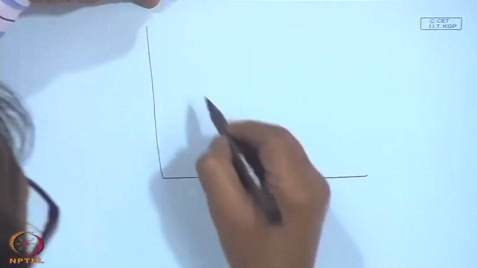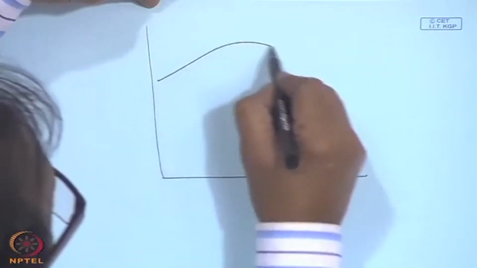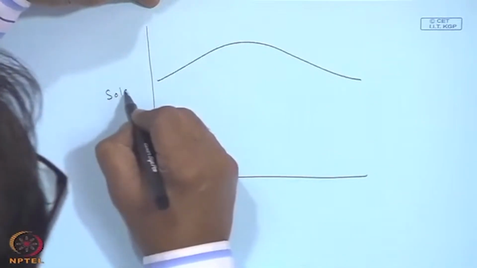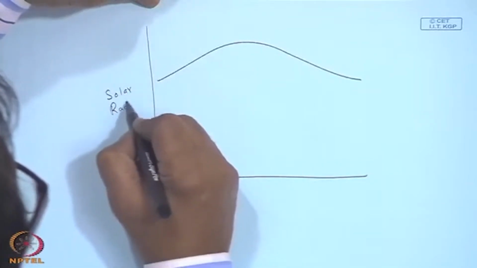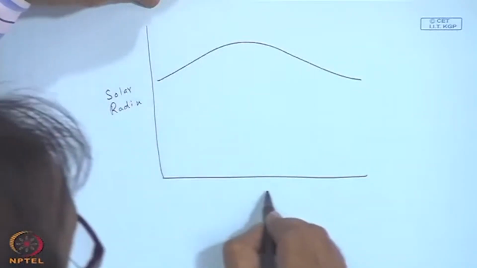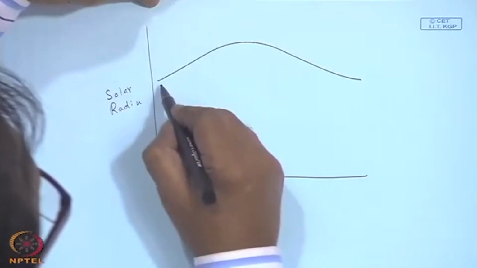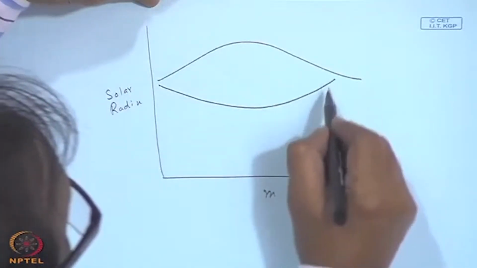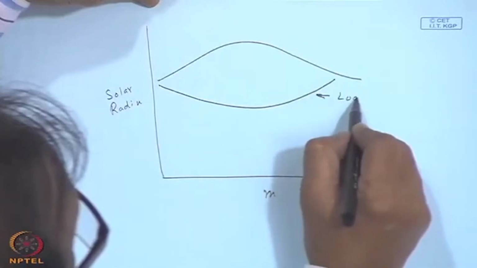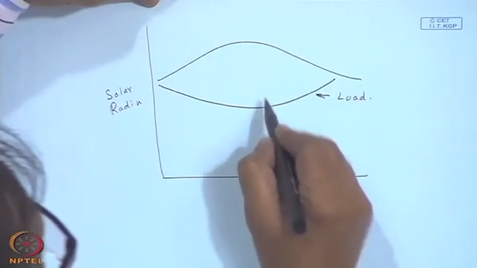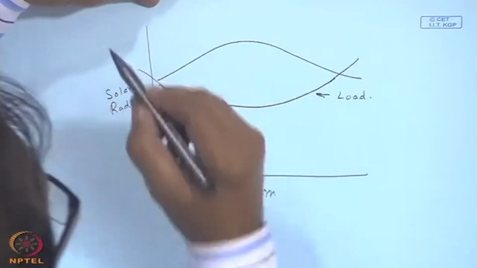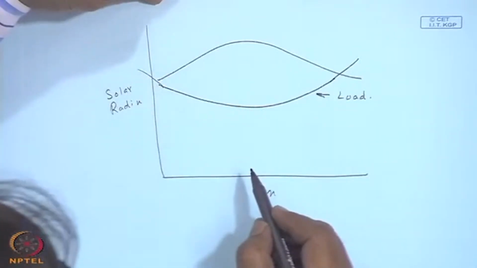a situation like this, where you have of course the same variation of solar radiation with the months, and my load can be like this. Low load when the radiation is maximum and a higher load when the radiation is lower.